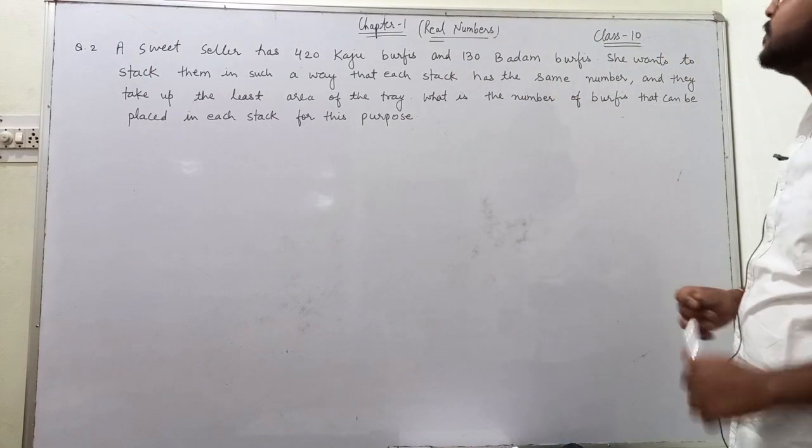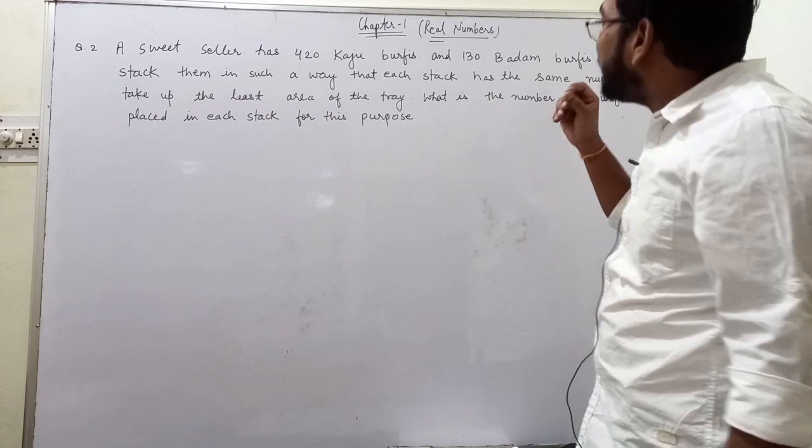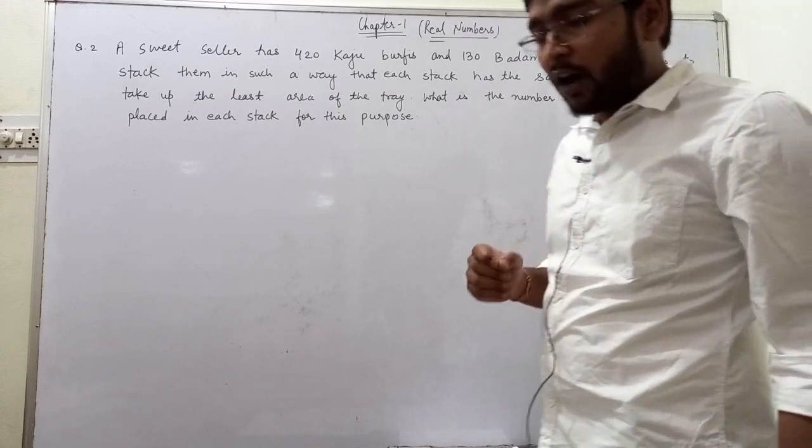Now the problem is she wants to arrange them in such a way that each stack has the same number and they take up the least area of the tray.